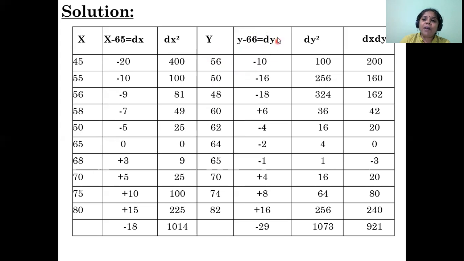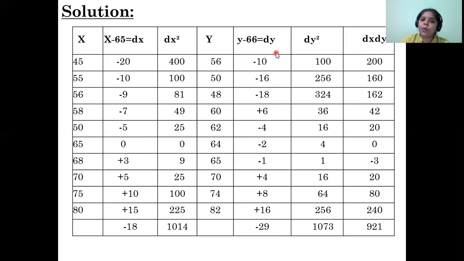That is called dy. dy, what will I get? 56 minus 66 is minus 10, 50 minus 66 is minus 16, 48 minus 66 is minus 18, 60 minus 66 is minus 6, 62 minus 66 is minus 4, 64 minus 66 is minus 2, 65 minus 66 is minus 1, 70 minus 66 is plus 4, 74 minus 66 is plus 8, 82 minus 66 is plus 16. Okay, whatever values you get, write as it is.